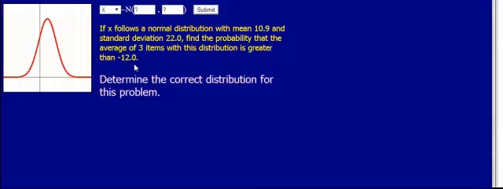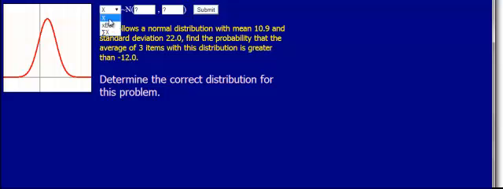So our first step, as it tells us, is to determine the correct distribution for this problem. Notice we want to find the probability that the average of 3 items with this distribution is greater than a number. If I click this little arrow that has the x, it gives me 3 choices: x, x bar, and sum of x.